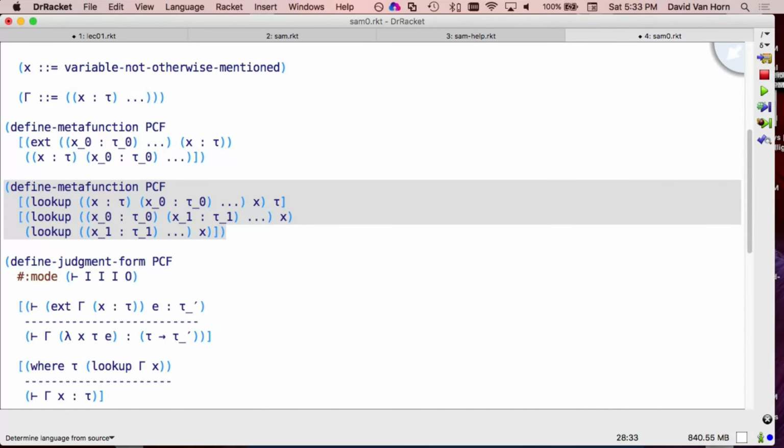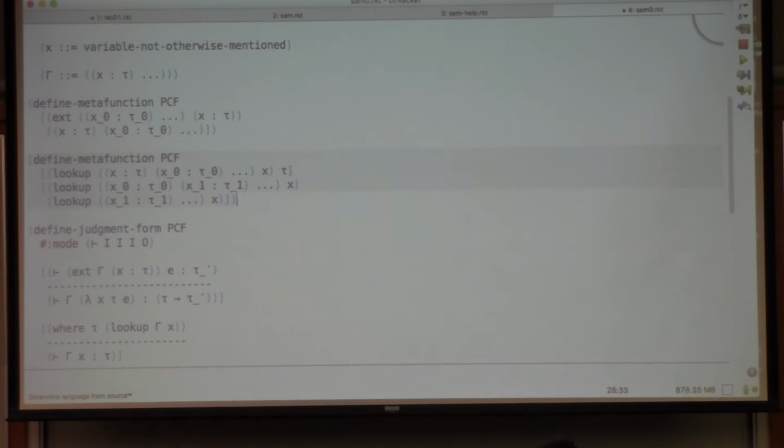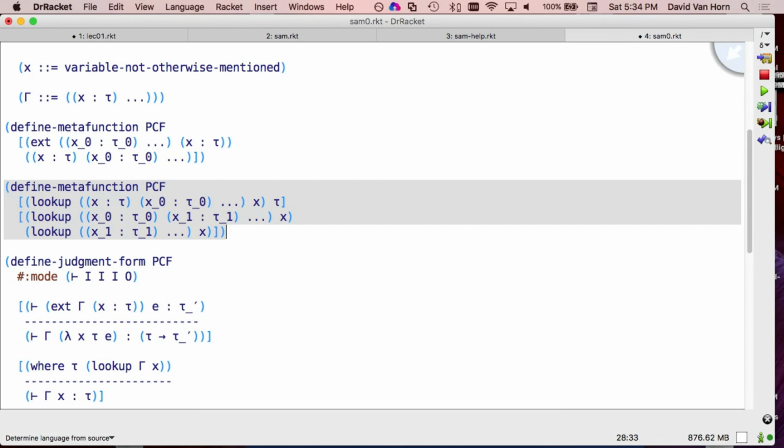Okay, so this meta function has two cases. They're ordered. The ordering is important here. So the first case matches when you found the variable and you get tau back, and the other one says, well, you only get here if you didn't find it in the first position, so look in the rest of the type environment. Yeah. That handles the case where the type environment is just x tau? Yeah, sure. So let's try it out.